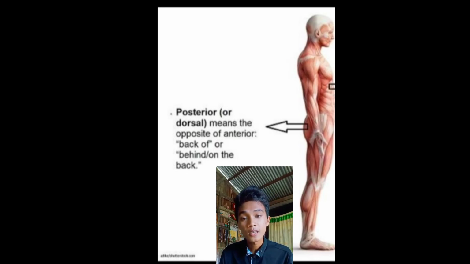That's why it's called posterior. And the third one, in the same way using a point of reference, the ears are posterior to the mouth. Why? Because the ears are at the back of the mouth. That's why it's called posterior.